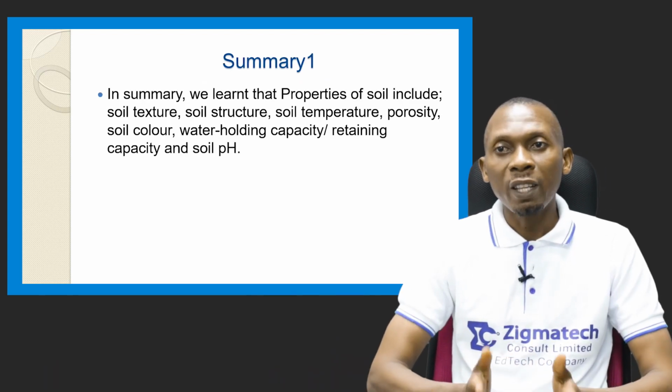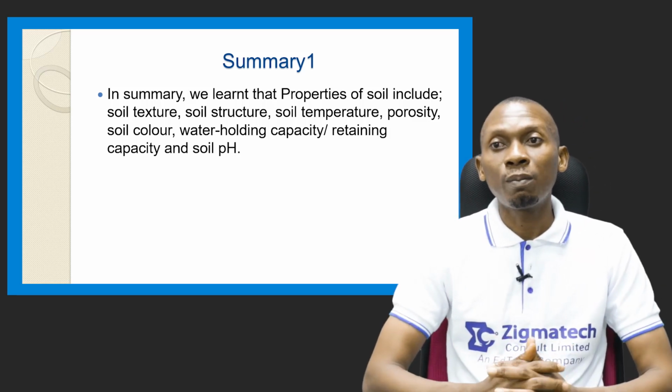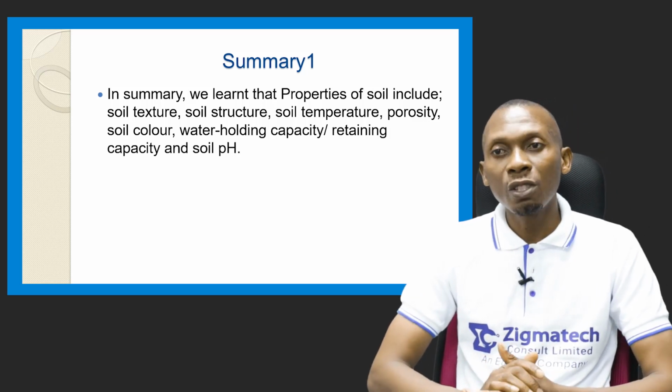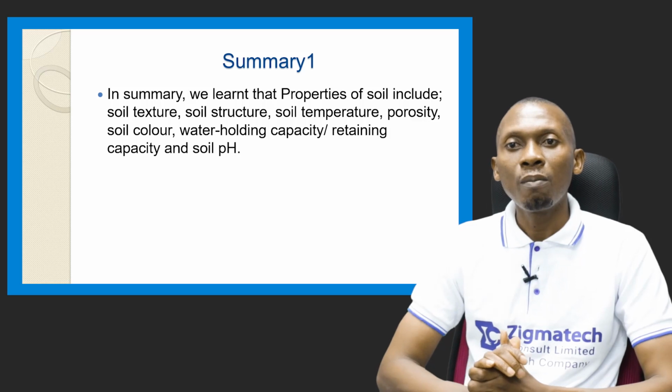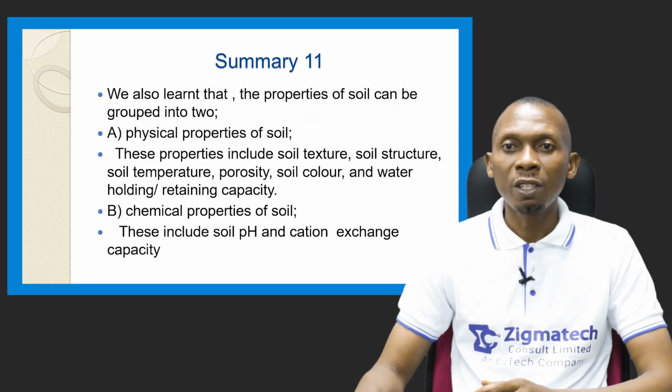So far, we've learned quite a lot. And just to recap, the properties of soil include the soil texture, soil structure, soil temperature, porosity, soil color, water holding capacity, or retaining capacity, and soil pH.